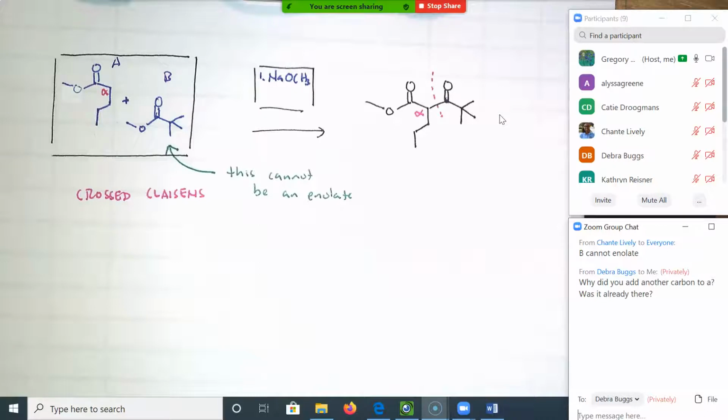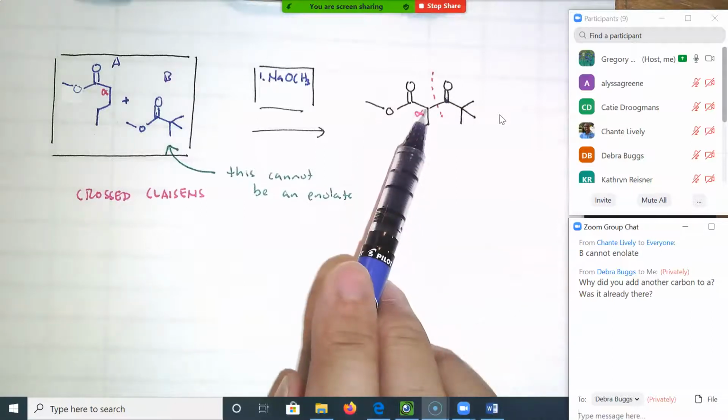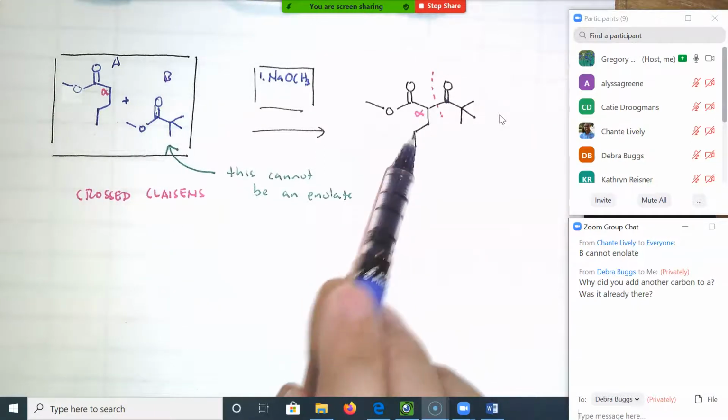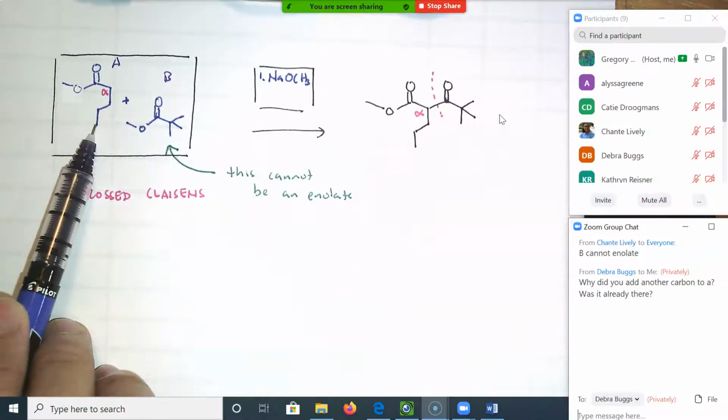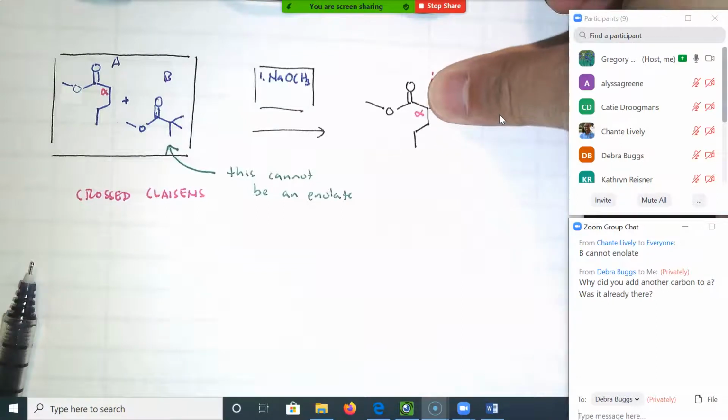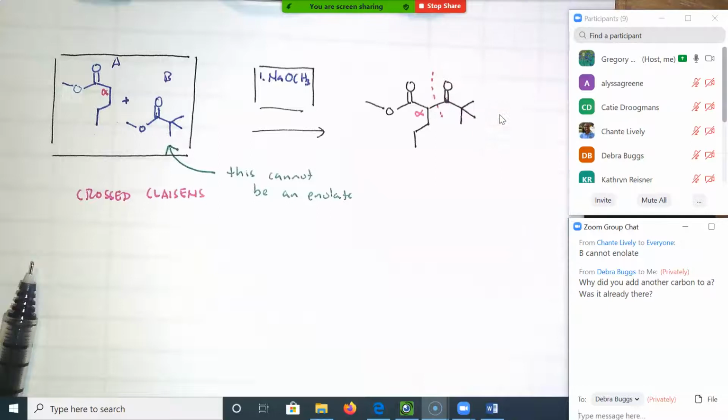Why did you add another carbon to A? Let me double check that. 1, alpha, 1, 2, 3, alpha, 1, 2, 3. So I think I had the right number of carbons.